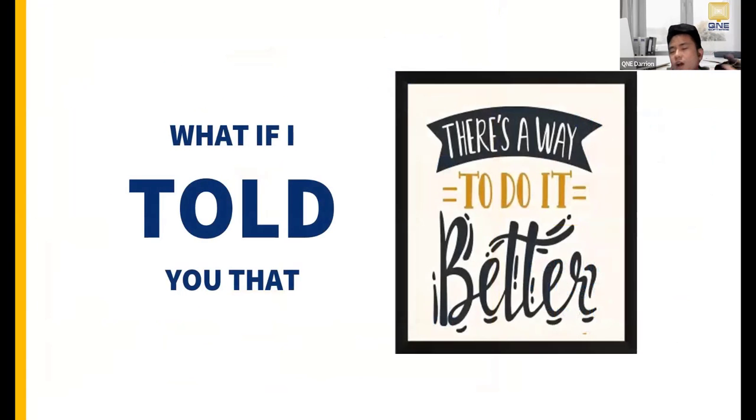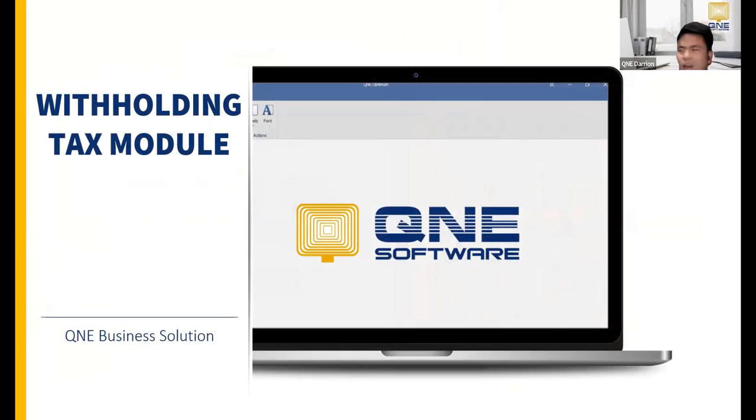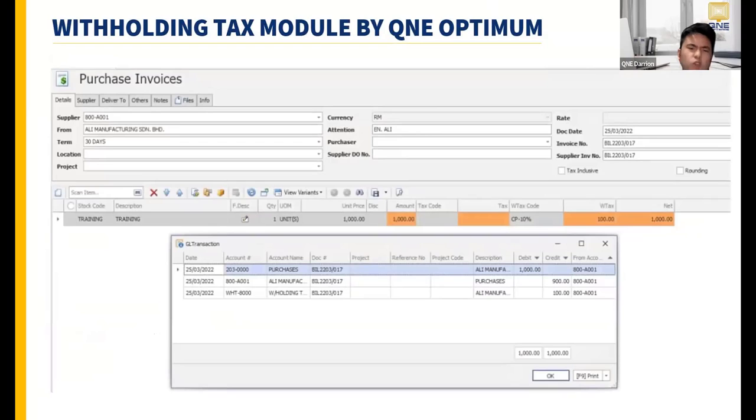Okay, what if I told you that there was a way to do it much better? Allow me to introduce Withholding Tax Module in our very own Q&A accounting software. So with this software, users are able to factor in withholding tax quickly and efficiently.